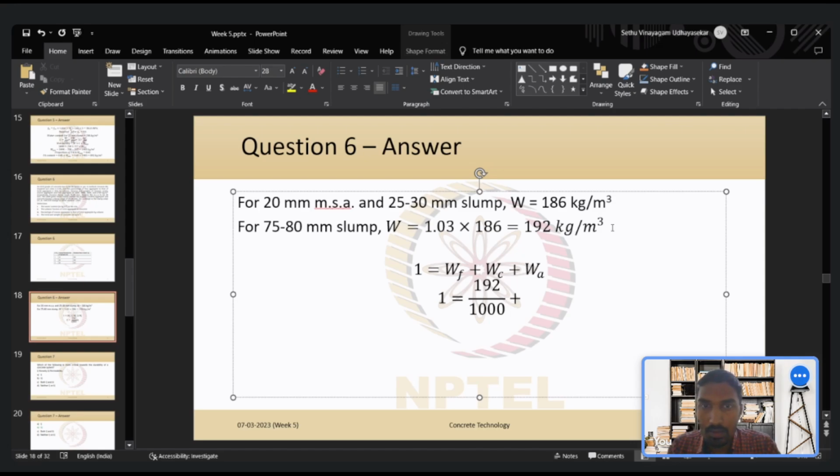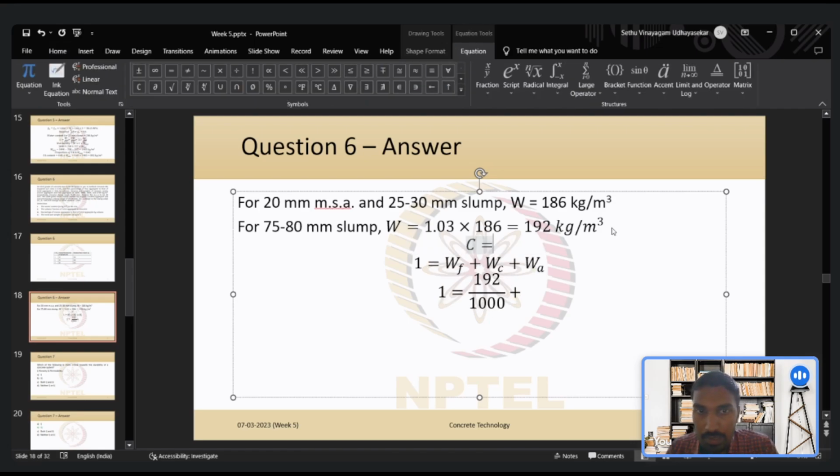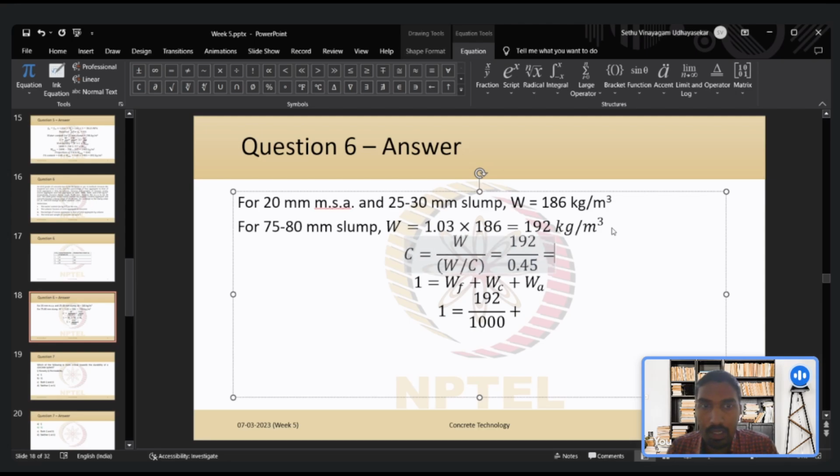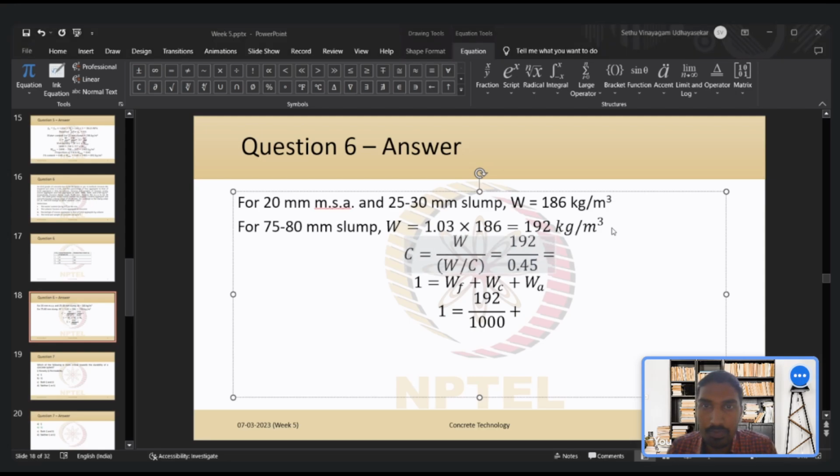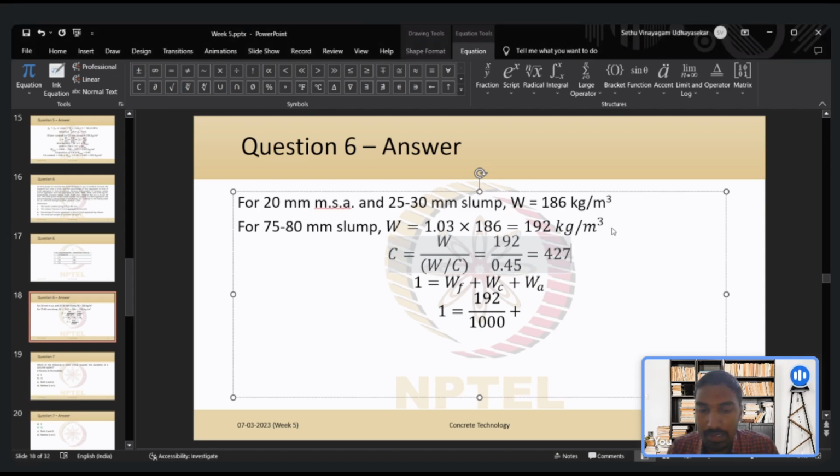Cement content C is equal to the water content divided by the water to cement ratio, W by C. Water content is 192 kilograms per meter cube, and the water to cement ratio is 0.45, so this gives approximately 427 kilograms per meter cubed. That is the cement content that we need.